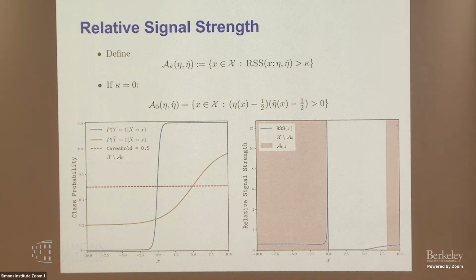Here's a simple illustration with a one-dimensional feature vector x, that's the horizontal axis, and the vertical axis is the posterior. So just an example of a clean and a noisy posterior. And you can see they don't always lead to the same prediction. If you subtract a half, those don't always have the same sign.